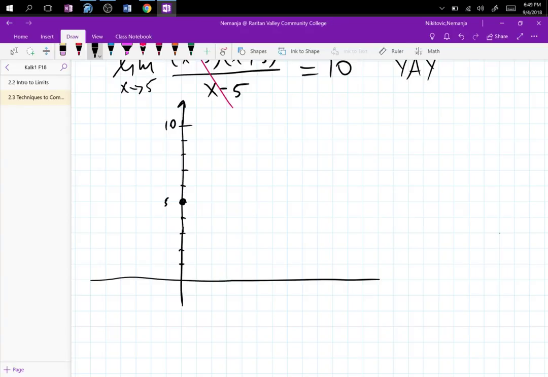We have a linear function at 45 degrees, and this is very important. Open circle at (5, 10). This point does not exist, but the limit does. It's 10.